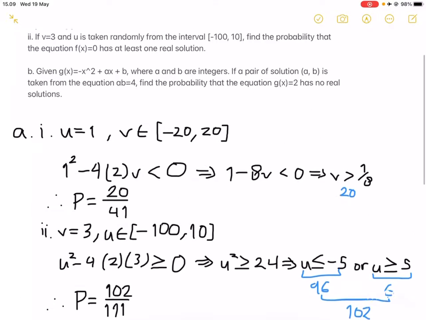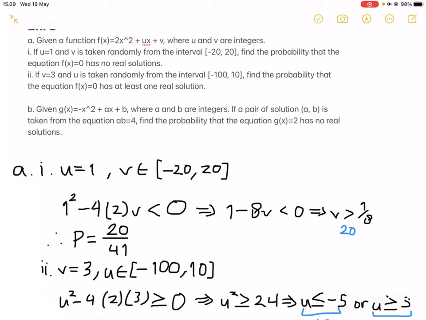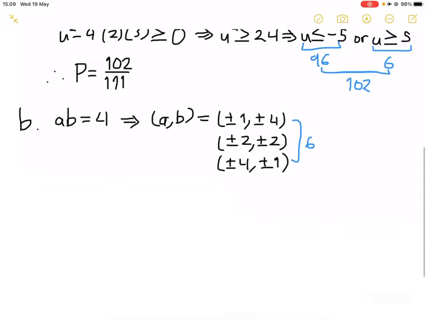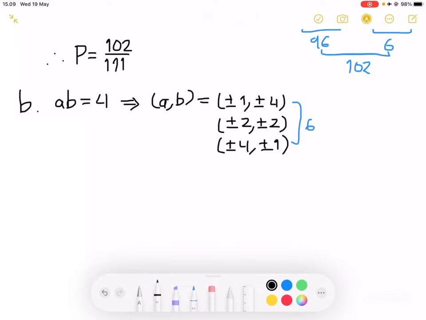Now using our discriminant way on our quadratic equation right here. However, notice that g of x, which is defined as negative x squared plus ax plus b, in the question is equal to 2.